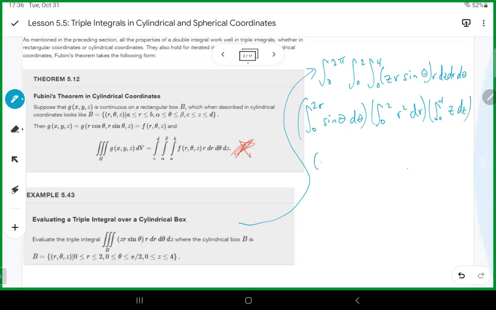So that'll give us a negative cosine theta from 0 to 2 pi. And then r cubed divided by 3, 0 to 2. And then z squared divided by 2, 0 to 4. And if you plug in and figure out all those evaluations, you're going to end up with an answer of 64 over 3.